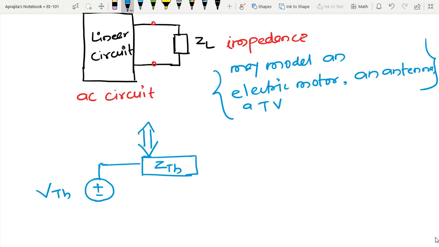We have already explored much about this conversion of any linear circuit by its Thevenin's equivalent. And here I have again the load, that is ZL, and suppose that current I is going to flow through this load.